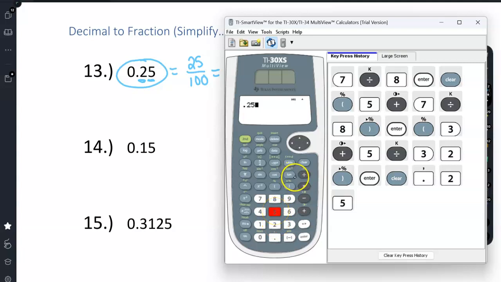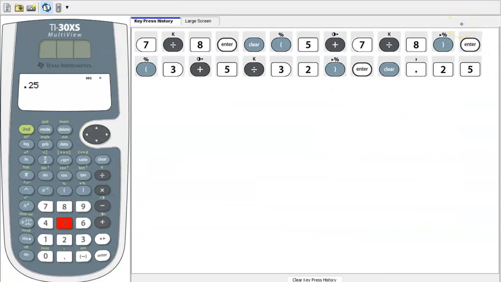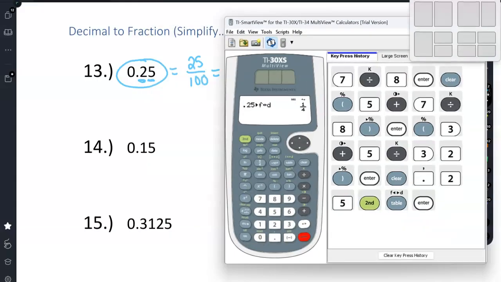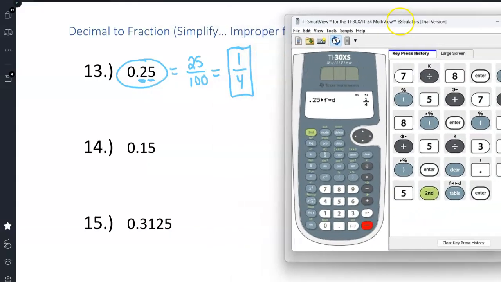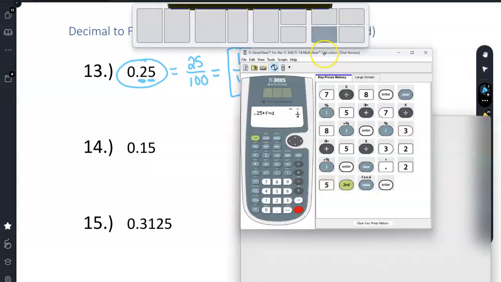With my calculator here, I see right here I have fraction to decimal. So I need to hit second and then table, and it converts that fraction to decimal or decimal to fraction. I'm going to press enter, and that gives me 1/4. So it's exactly what I wrote down when I did it by hand.